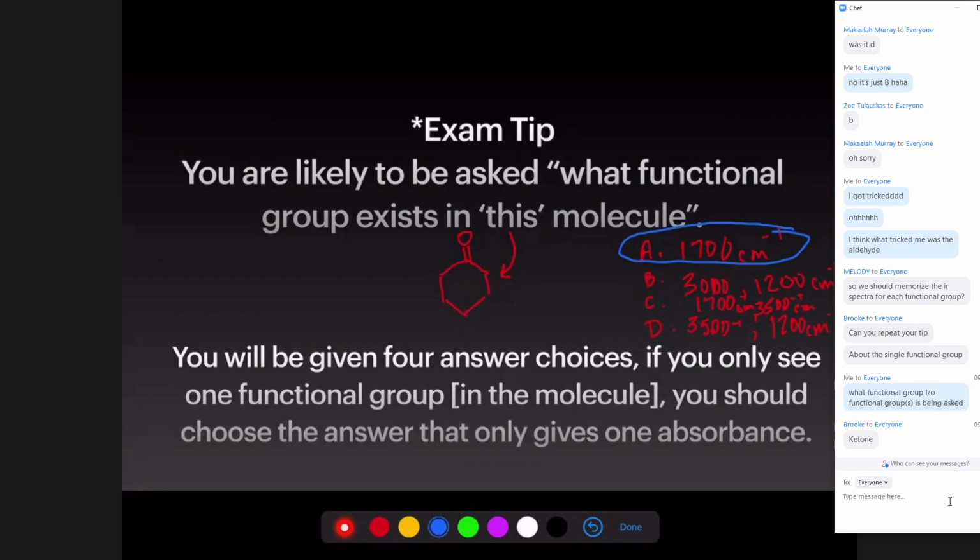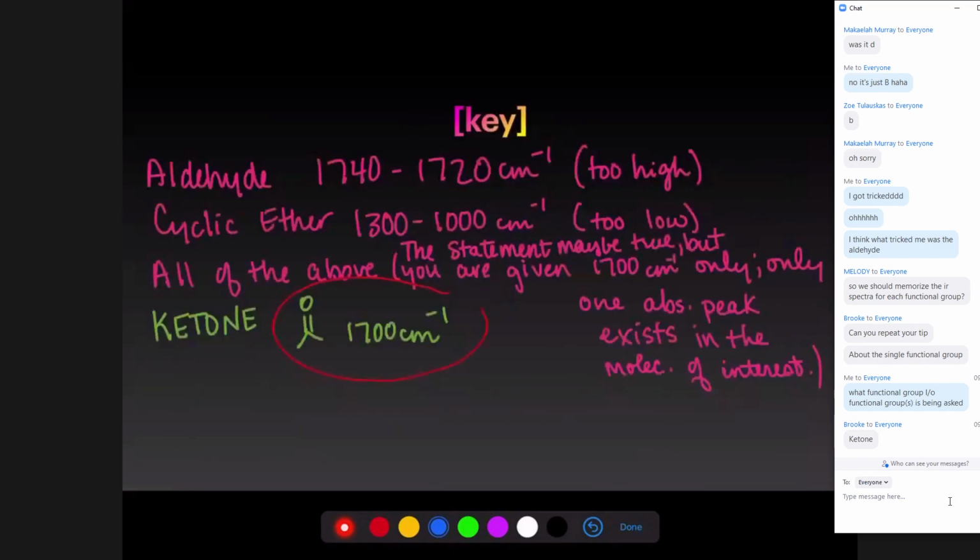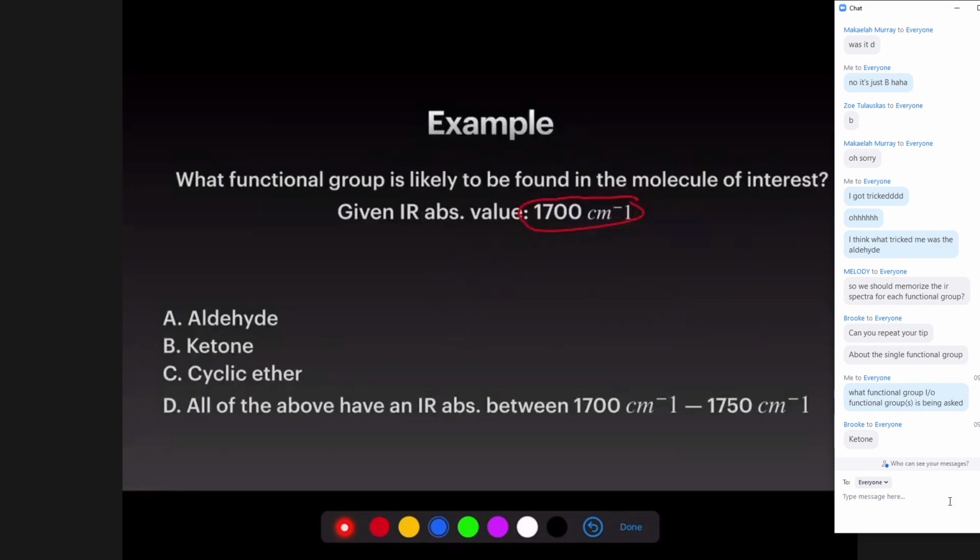So they might list the names like I listed them here in your answer choices, or they might switch it. They might give you these up here, or they might give you the wave numbers down here, and then ask you to figure out which one is which.